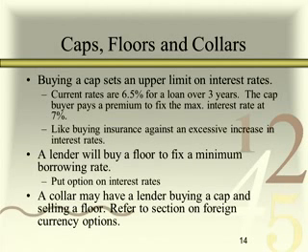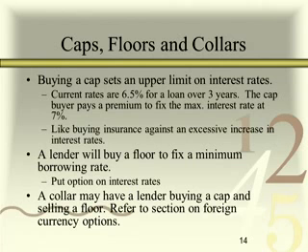A lender will buy a floor because remember, borrowers are going to borrow money, so they want to fix the top side. The lender wants to fix how low it goes because they make their money on how high it is. So a lender will buy a floor to fix a minimum borrowing rate. So they'll put a put option on interest rates.